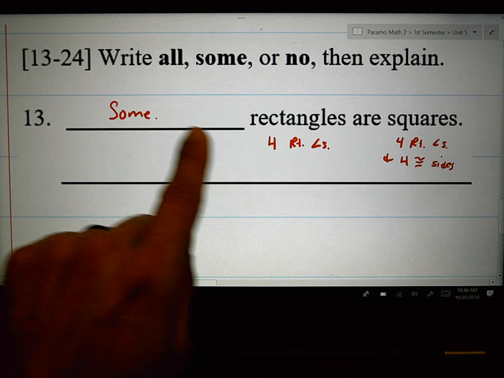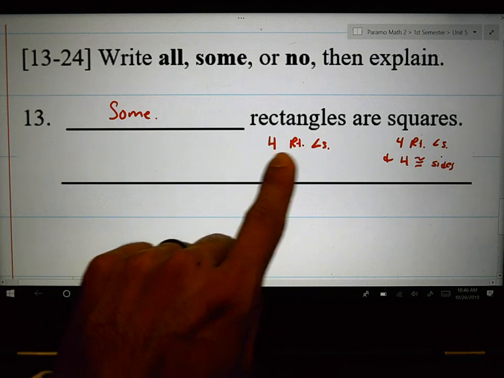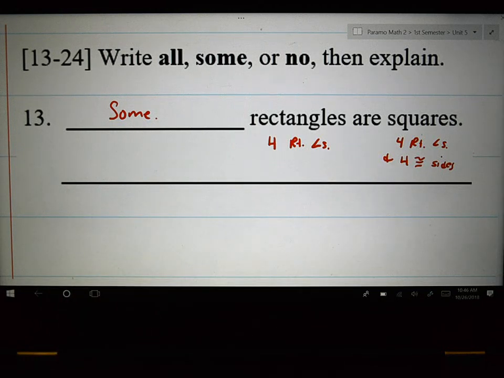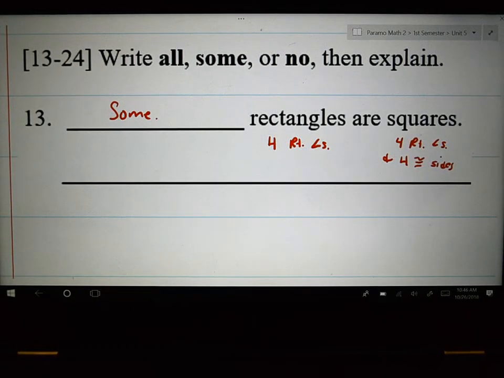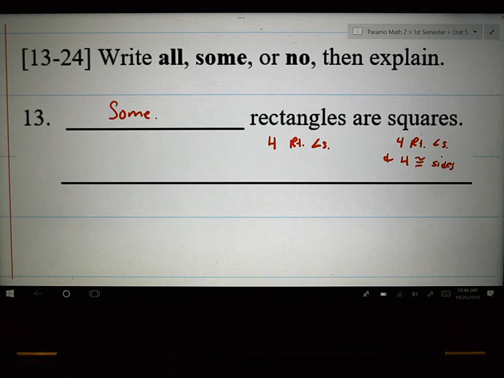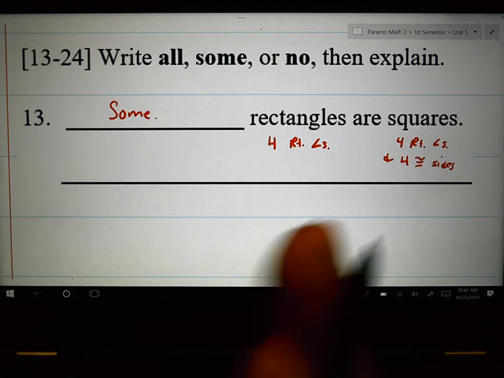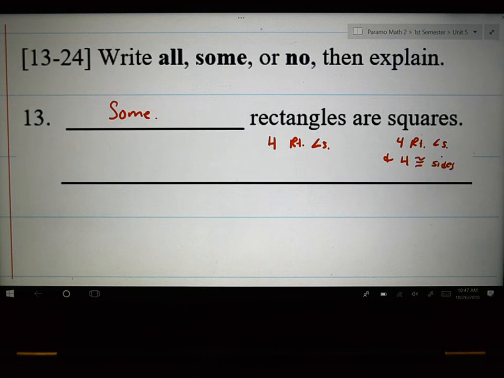Some rectangles are squares when they have 4 right angles and 4 congruent sides. But not all rectangles have 4 congruent sides. Only some of them do. But if they had 4 right angles and 4 congruent sides, it would be a square. So it wouldn't be just a rectangle. A square and a rectangle are the same thing at that point in time.